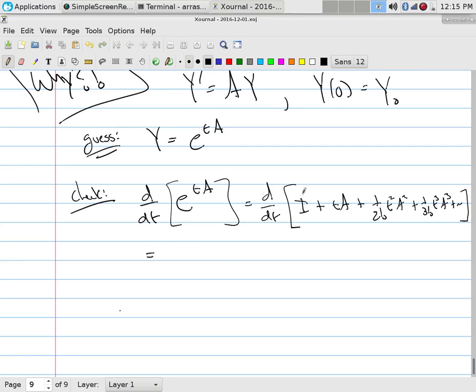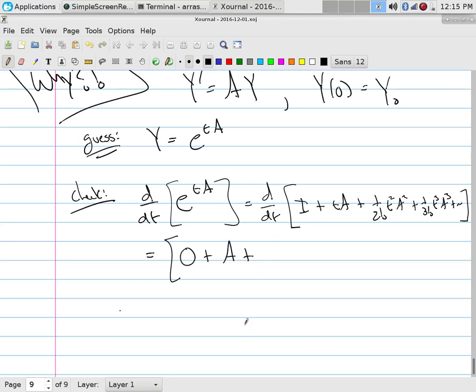Are there any t's in the identity matrix? So if I take the derivative across that thing, what's it going to become? The big zero matrix. So that's gone. All right, so this would be O plus, what's the derivative of that? There's only one t. It's t times this, so what's going to be left over?